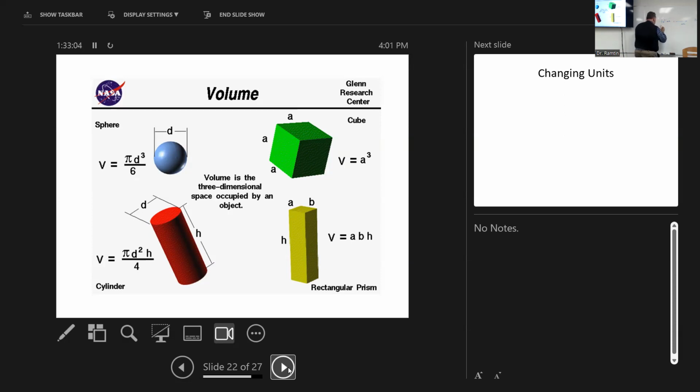The diameter is equal to 2r. All right. So the area of the circle is pi r squared. If I want to use d, I have to say d over 2 is equal to r.